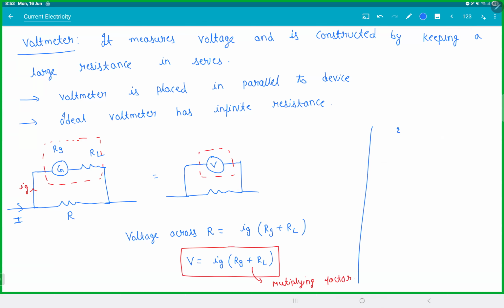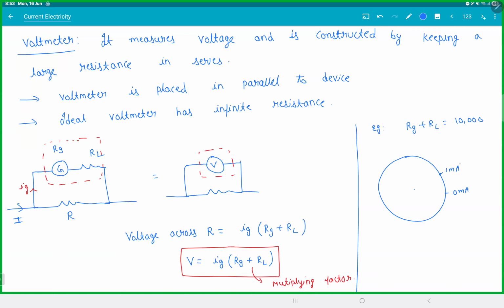So, example, if we take RG plus RL as 10,000, then your meter becomes like this. 0 milliamperes, 1 milliampere, 2 milliampere.